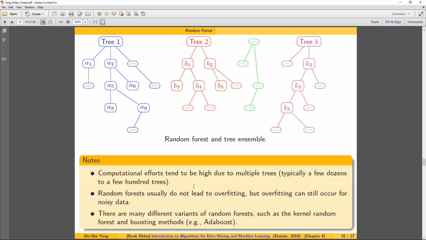But overfitting can still occur for noisy data. The third note we want to point out is that there are many different variants of random forest, such as kernel random forest and boosting methods. As an example, AdaBoost is one of the boosting mechanisms that can be used in random forest.